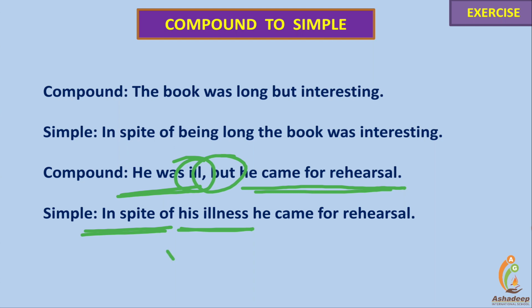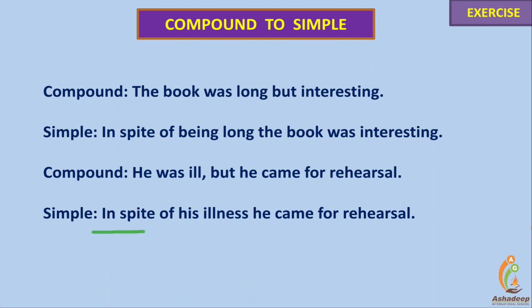It has been converted into a noun form. In spite of his illness, you can see the subject and verb have been removed, so it's a phrase without a subject and a verb. In spite of his illness, he came for rehearsal.